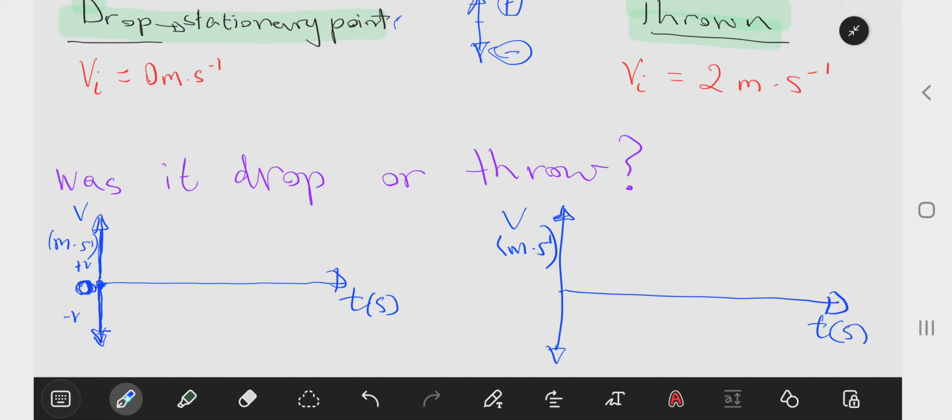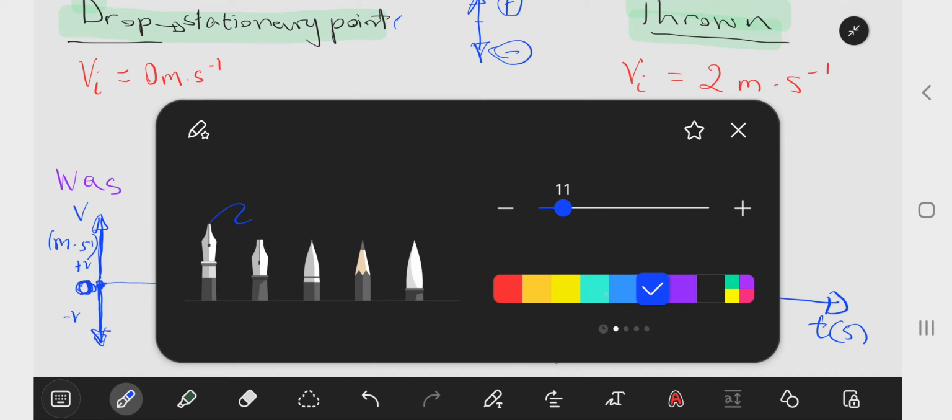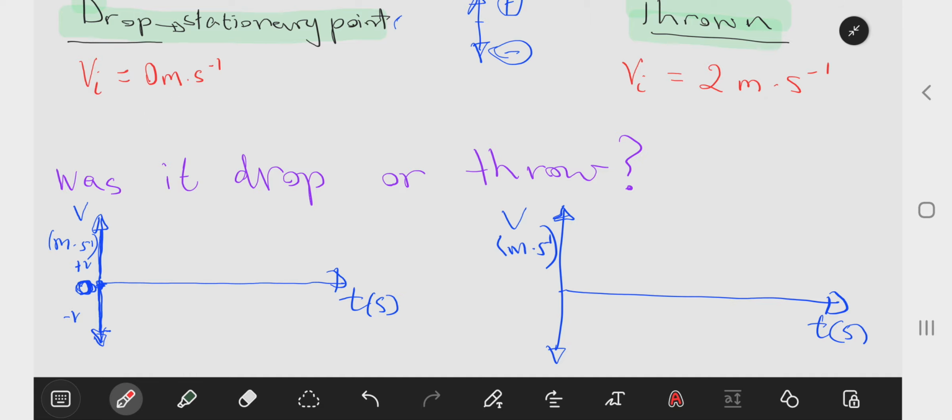Now let's say an object was dropped. What does that mean? Initially it means that the initial velocity equals 0. So if you go to your time axis where t equals 0, what will be your velocity? Your velocity would be equal to 0 also.